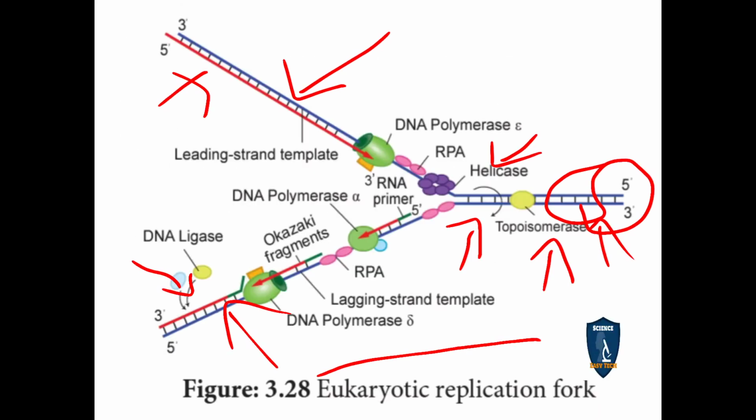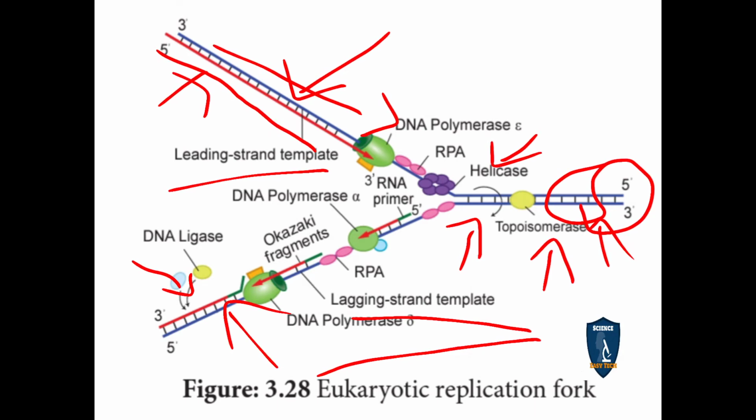The next one is the polymerase enzyme. The polymerase enzyme forms the RNA primer in the leading strand and in the lagging strand too. In the leading strand it is continuous. It proceeds from 5' to 3', and the 3' OH should be free to form the strand.